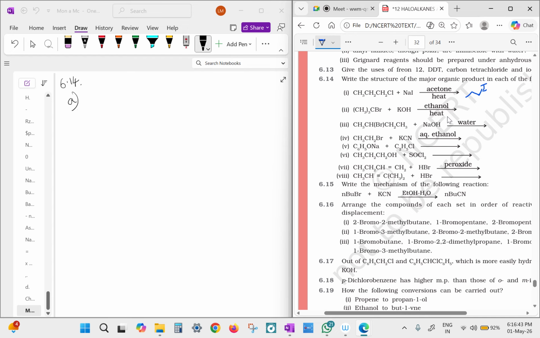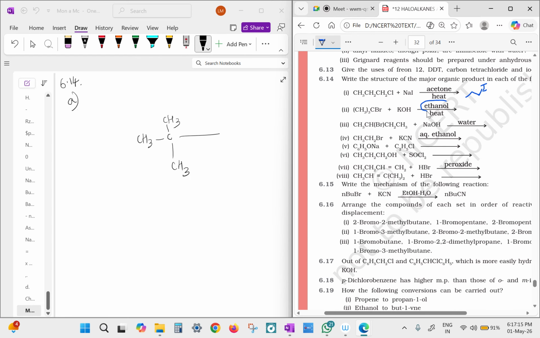KOH, ethanol, heat. What do you think will happen? Aprameya. KOH and ethanol. Elimination. So this is going to be the elimination product.